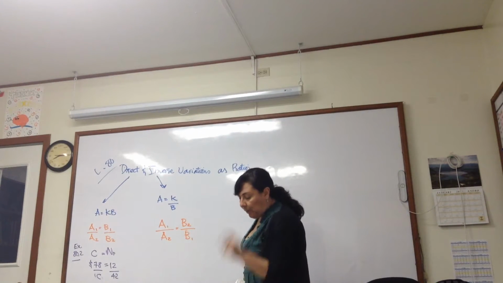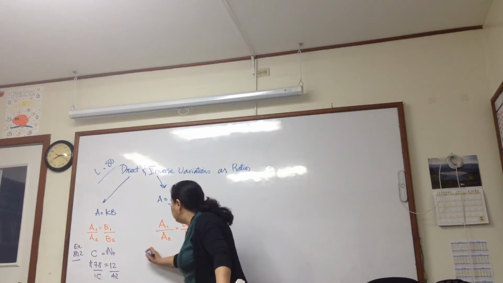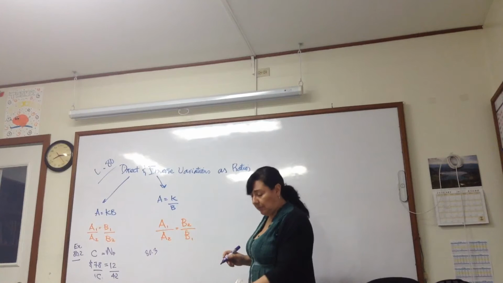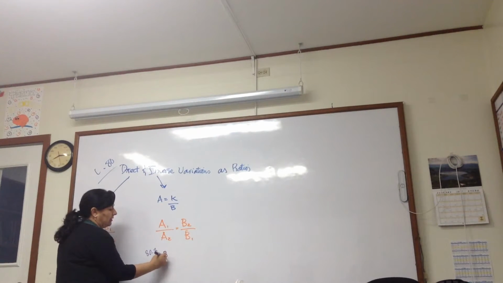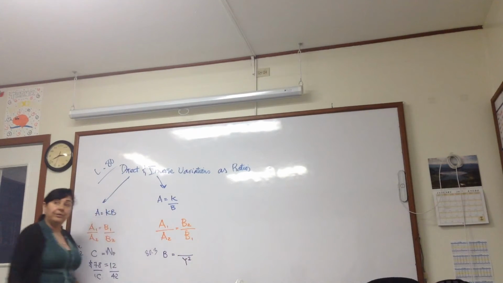What if it varies inversely? I'm going to do example 80.3 right here. Blues vary inversely as yellows squared. Why is it squared?